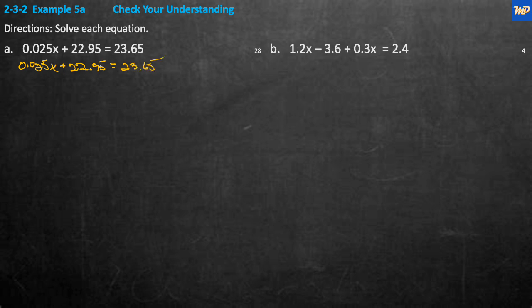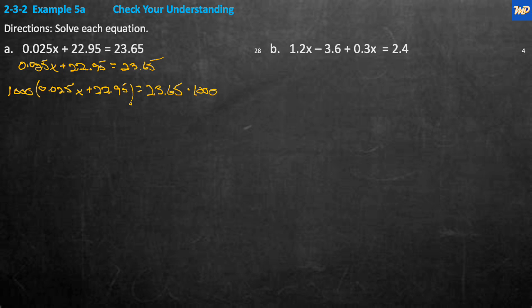What does it say we do? It says take the greatest number of decimal places you have, which is thousandths, 1, 2, 3 places, and multiply each term by 1,000. So 1,000 times the quantity 0.025x plus 22.95 equals 23.65 times 1,000.